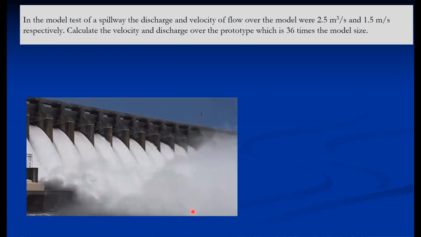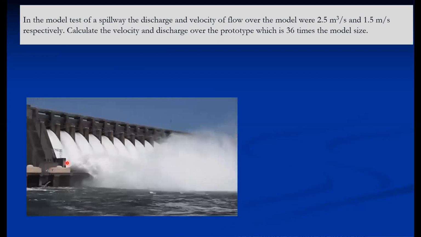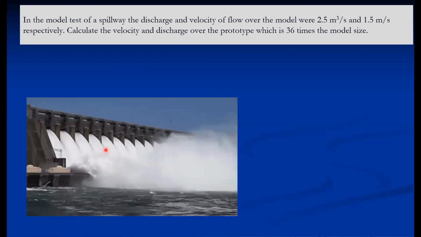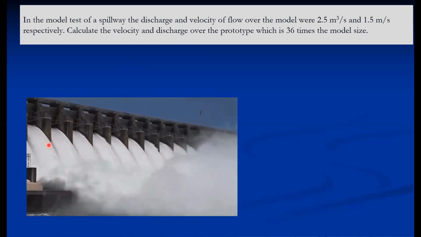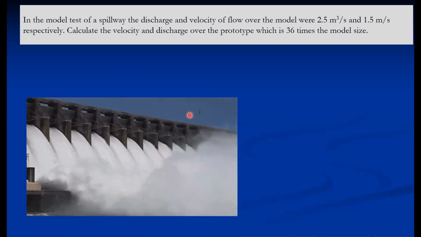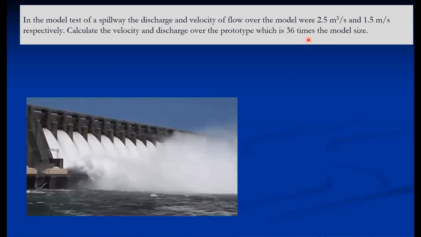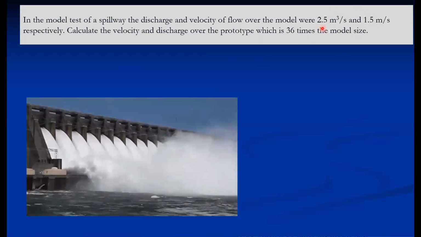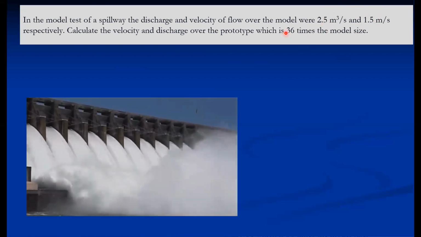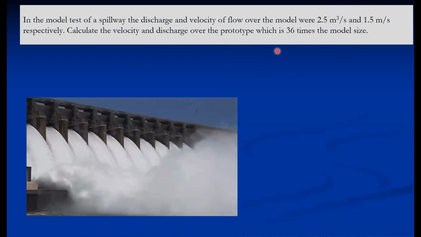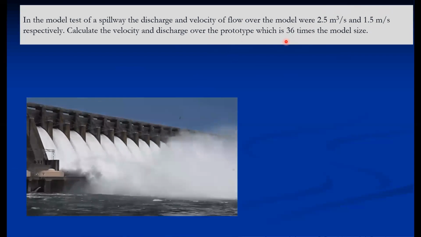This is the actual prototype. It is very difficult to design these spillways, especially the openings for the spillways, so model testing is carried out. These are the results obtained from the model testing. Now we have to predict the results for the prototype, which is 36 times the model size.